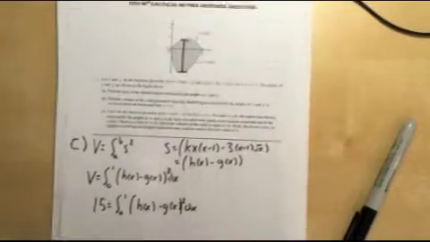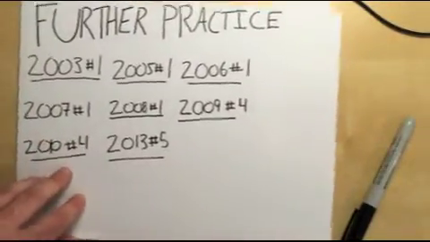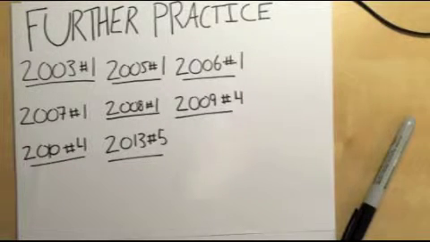So if you're looking for some extra practice, you can go to these problems: 2003 number 1, 2005 number 1, 2006 number 1, 2007 number 1, 2008 number 1, 2009 number 4, 2010 number 4, and 2013 number 15. These problems are all similar.